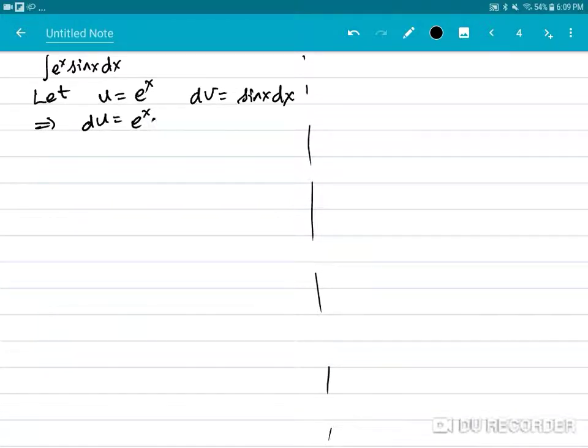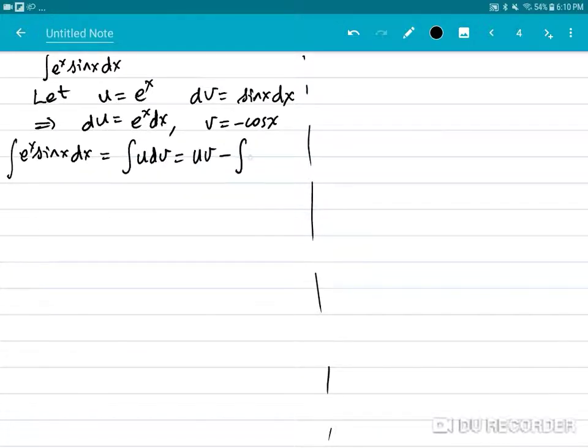du is e to the x dx, and v, antiderivative of sine x, is minus cos x. So then the integral of e to the x sine x dx is the integral of u dv, which is uv minus integral of v du. This is uv, so u is this, v is this, so I'm going to multiply those two.